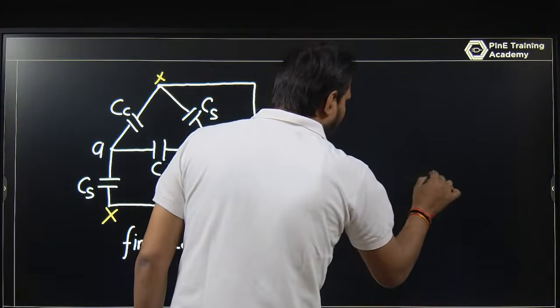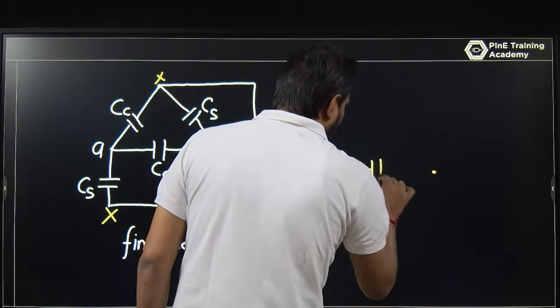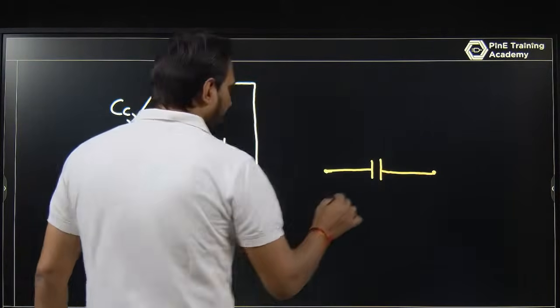If you are talking about A to B, in between A to B you have a capacitor, that is Cc.